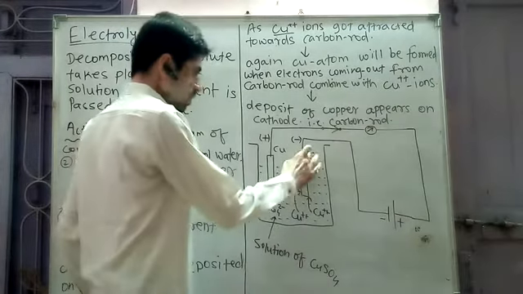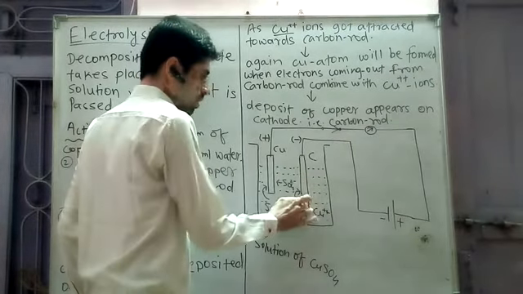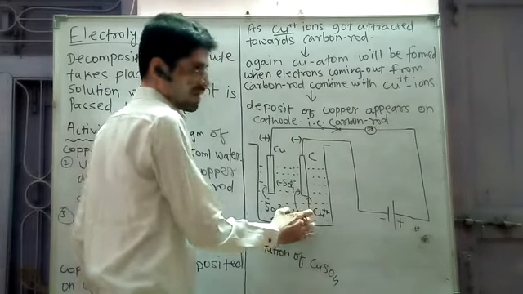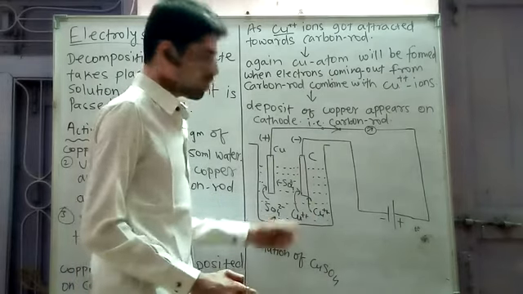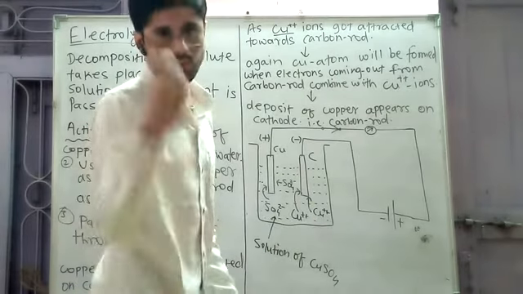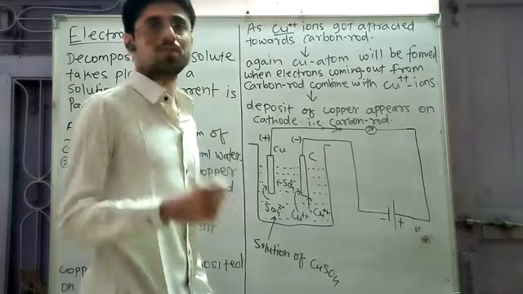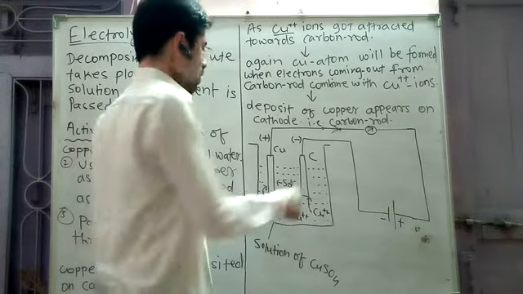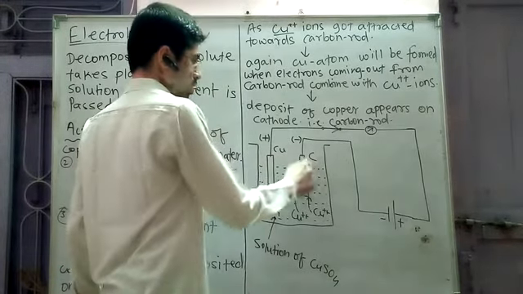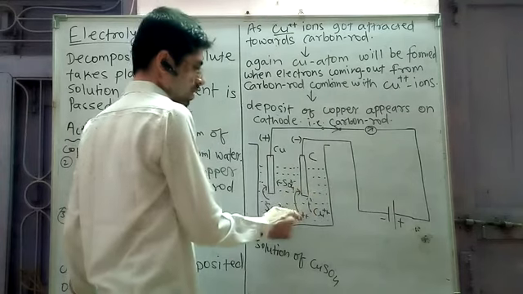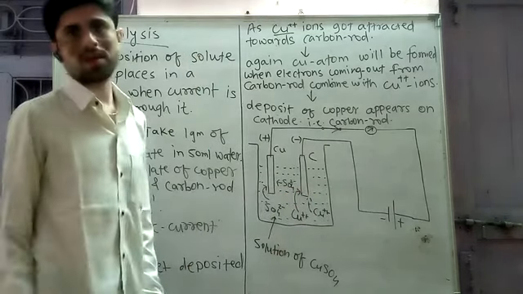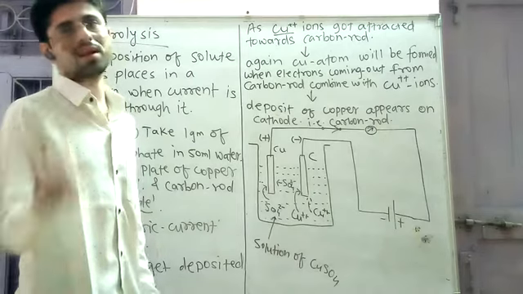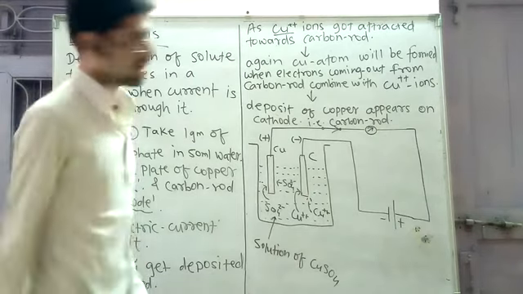As we all know, one Cu++ ion has a deficiency of 2 electrons. So if two electrons coming out of this carbon rod combine with one Cu++ ion, that Cu++ ion will get converted into a normal copper atom.